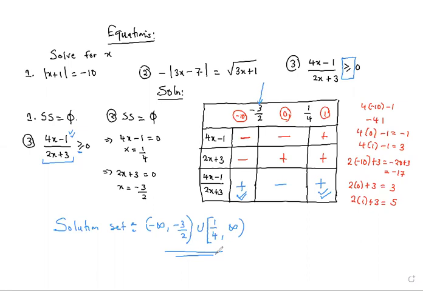Do you understand? What we are simply saying is that if you are given negative 10, this cannot give you this value. This is not true.